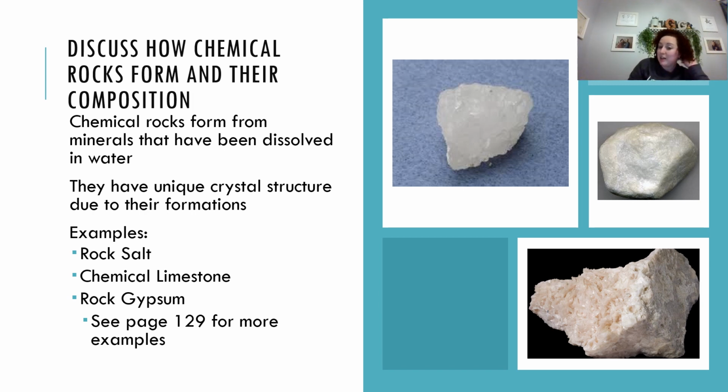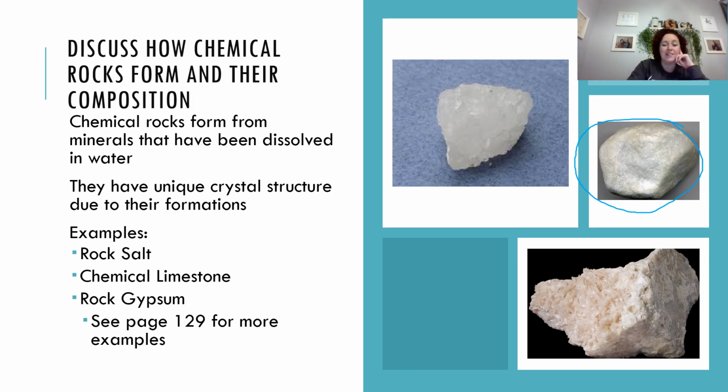This is where the weird thing is that a mineral can be a rock, but a rock can't be a mineral. These are my minerals that are also rocks. So rock salt, halite, that are left together, and it's usually a little bit of different sort of stuff. Chemical limestone is really, really cool.